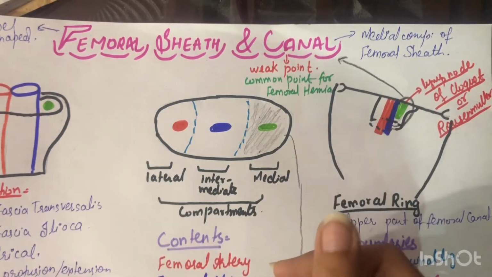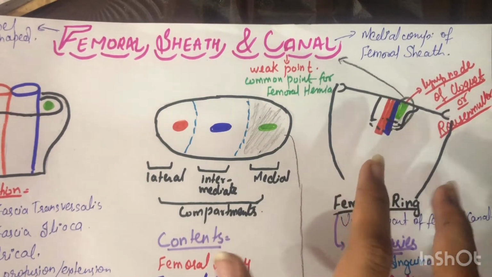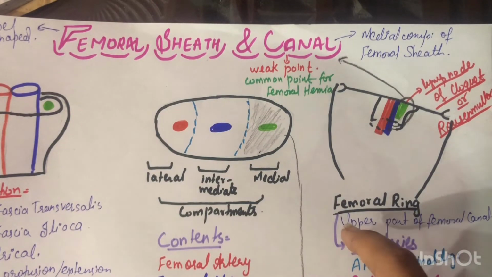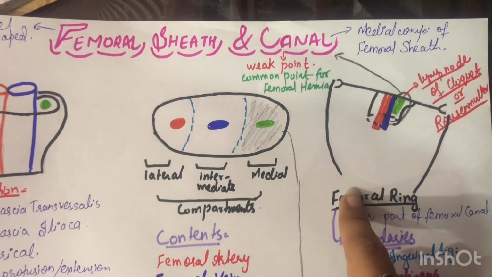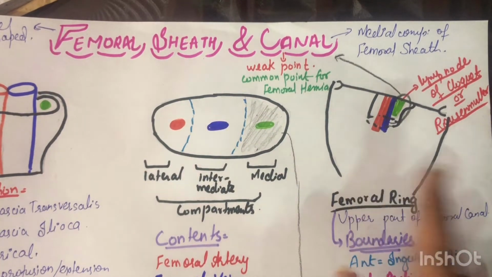Now think about what happens to the lower end of the canal. Its lower end is closed by the adherence of the medial wall to the tunica adventitia, that is the outer layer of the femoral vein.